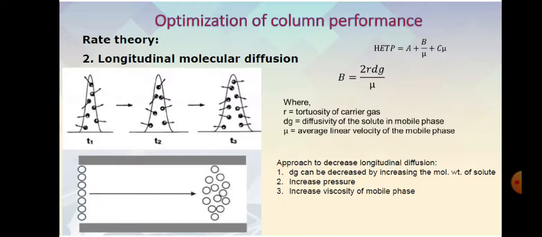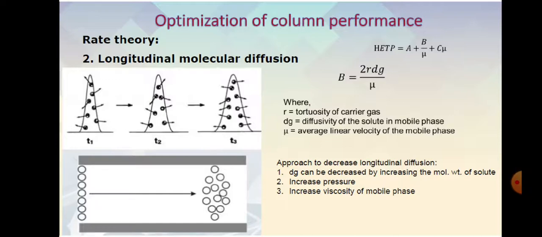So we have approaches to decrease the longitudinal diffusion. dg can be decreased by increasing the molecular weight of the solute, so that it will not diffuse as much into the gaseous phase, and we can increase the pressure. Then we can increase the viscosity of the mobile phase, so the average linear velocity is taken care of.